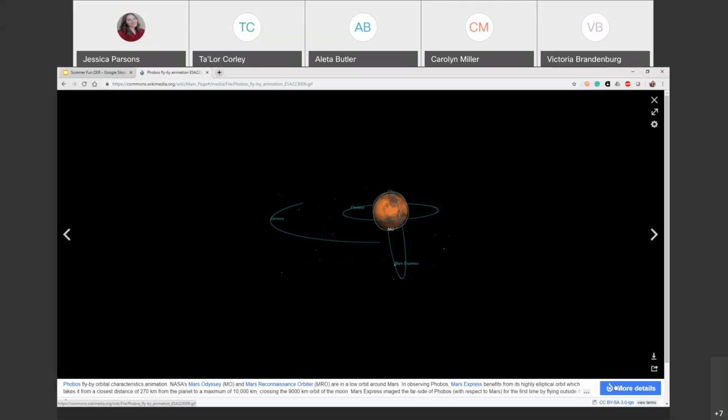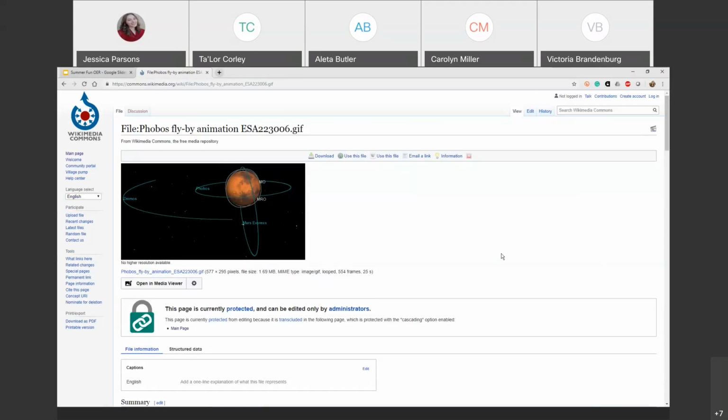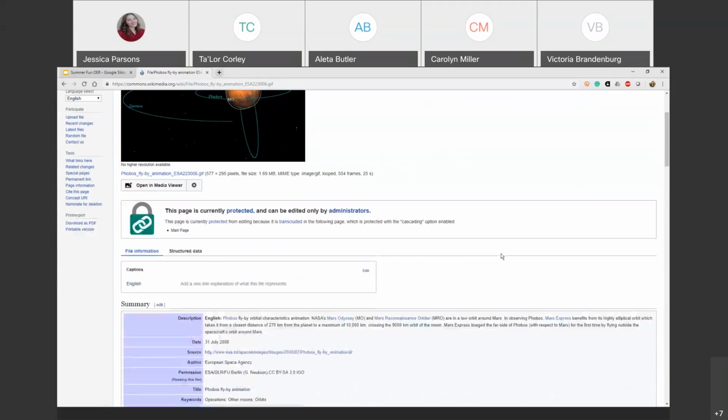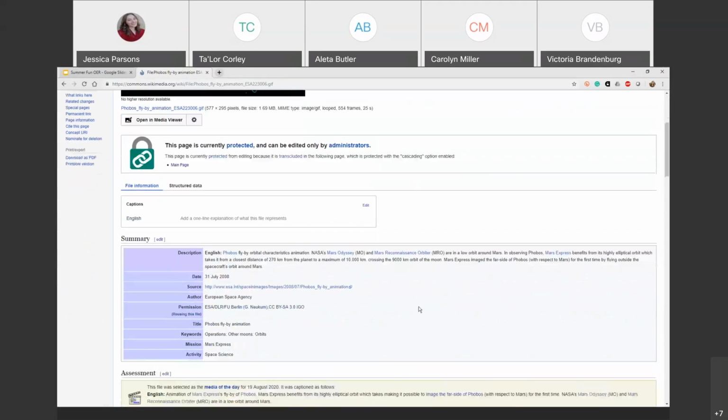If I click on this blue More Details button here in the lower right-hand corner, I'll be taken to a page where I can get even more details. This just lets us know that because it's on the front page, they don't want people to be editing the details or adding information. But we can see right here, this is the source where we got the video.